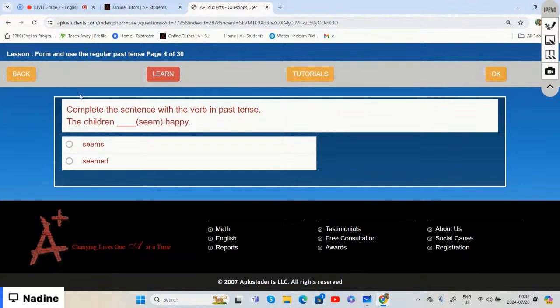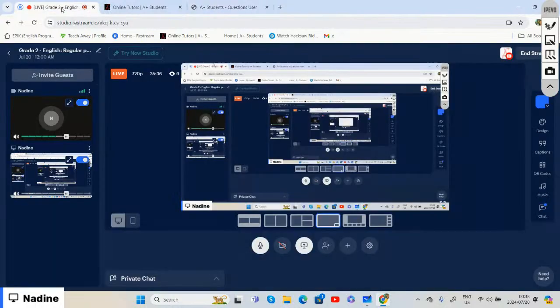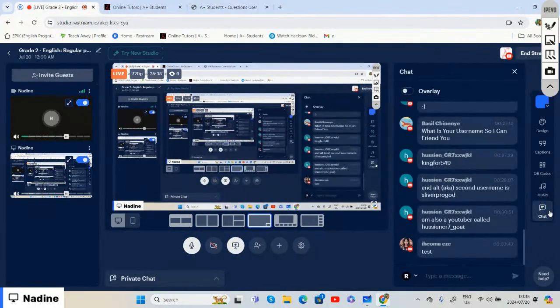The children seemed happy. So the children seem happy. So we need to change that word seem. We need to change it to the past tense. Do we have to say option one, seems happy, or option two, seemed happy?